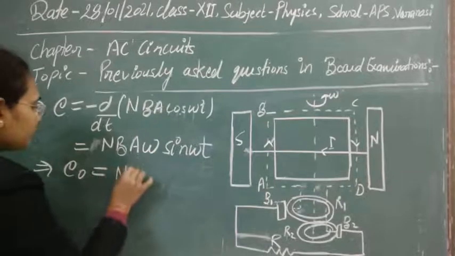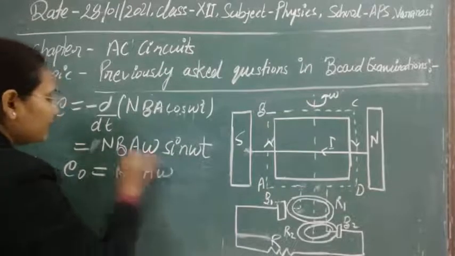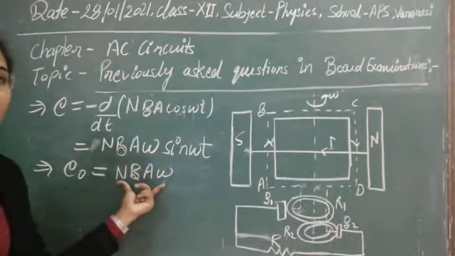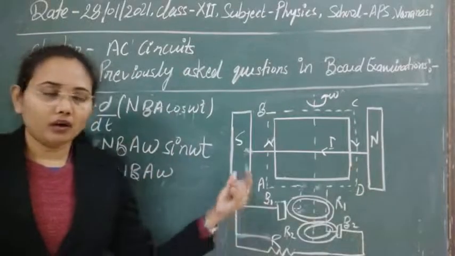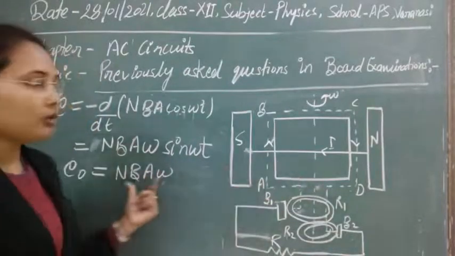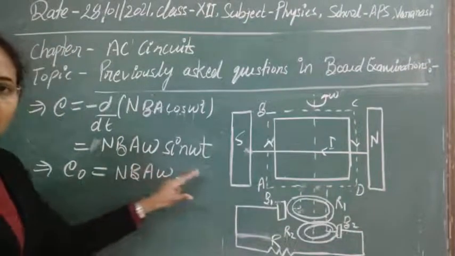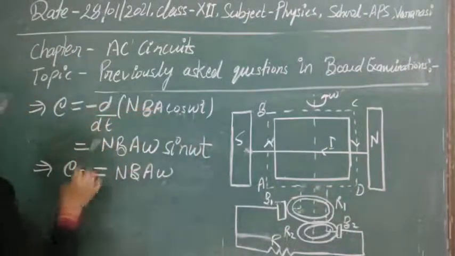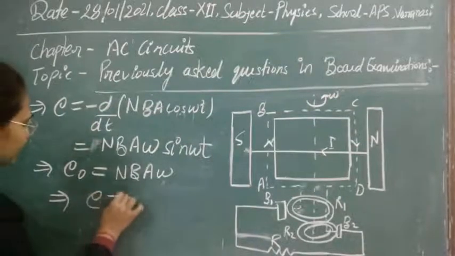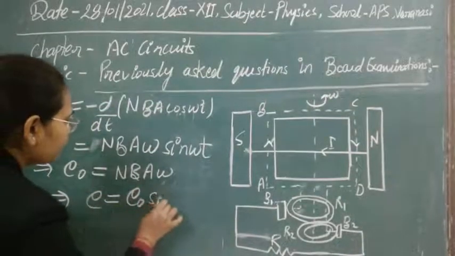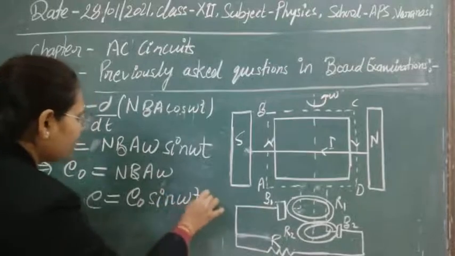So this will be equal to NBA omega. This is the peak value of the EMF in the case of an AC generator. Some numericals can be asked based on that. We can write this expression in terms of the peak value, that is E is equal to E0 sine omega t.